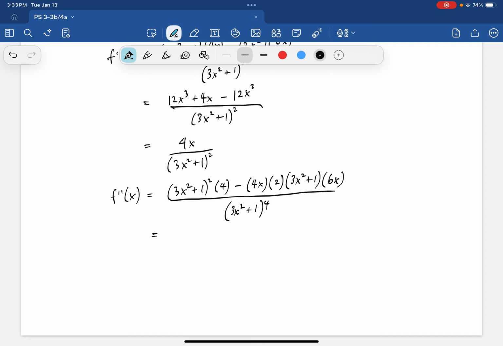There are different ways to simplify this. You could either factor out a 3x squared plus 1 first, or do something else. You could just expand the whole thing. I'll probably factor.